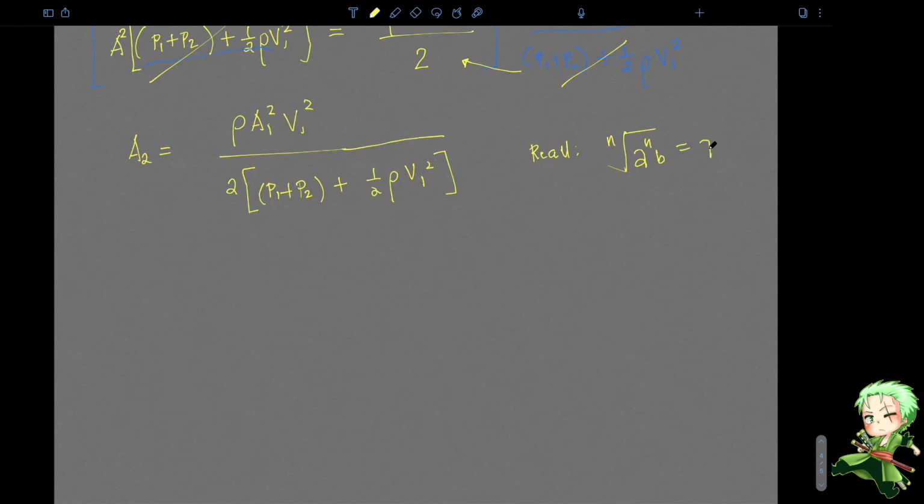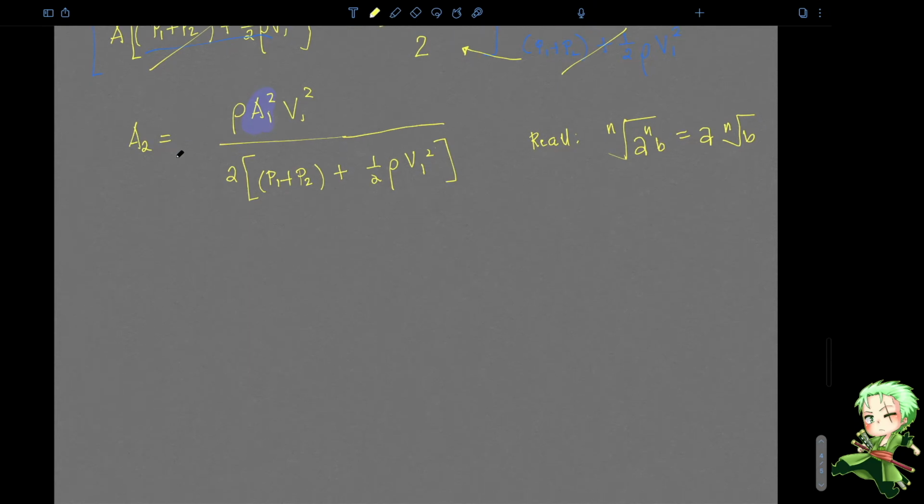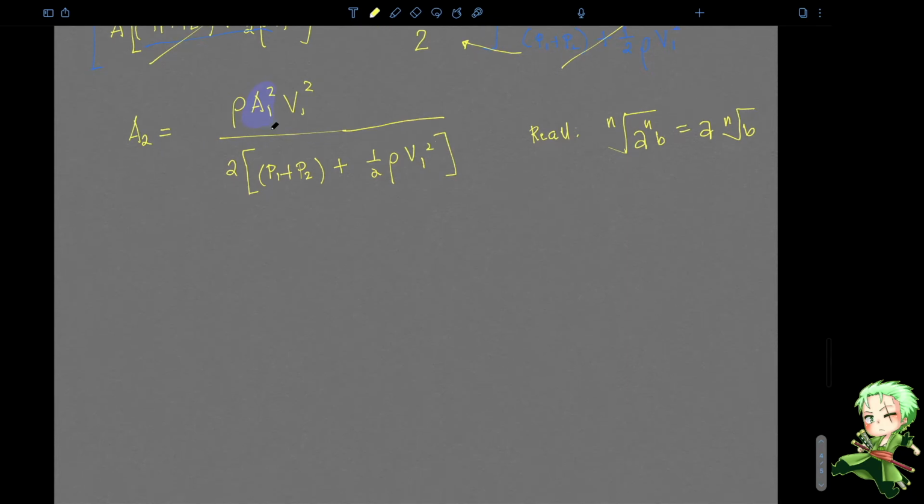That will reduce to a multiplied by the nth root of b. That is what we are going to do in the case of A1 here, because we want to have a comparison between A2 and A1, and we know that it doesn't have a numerical value in the problem.